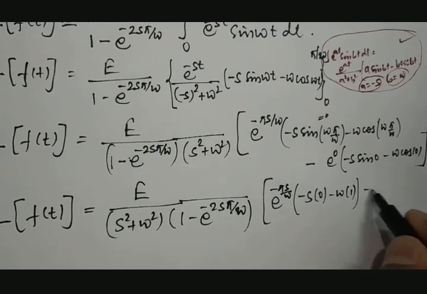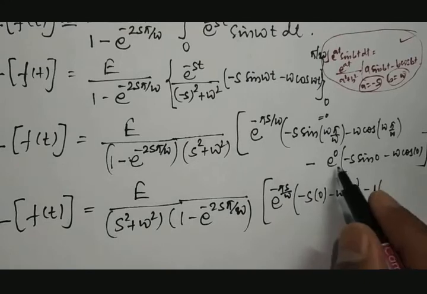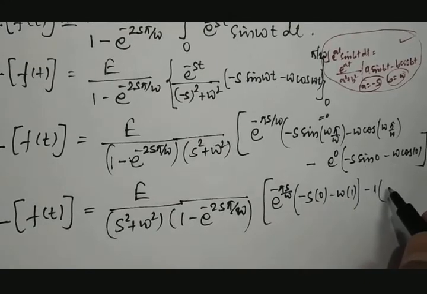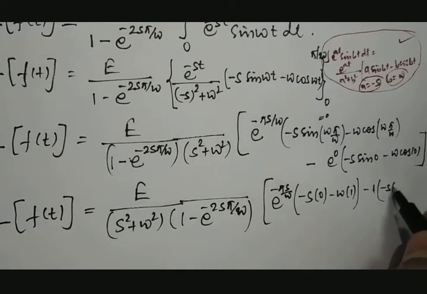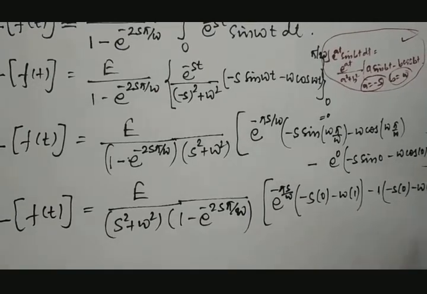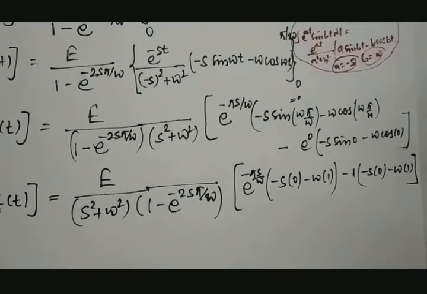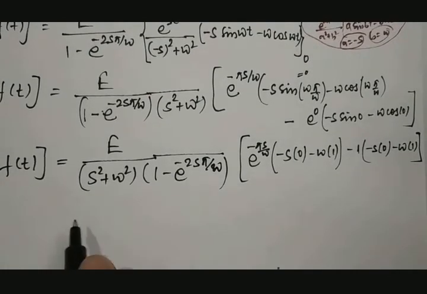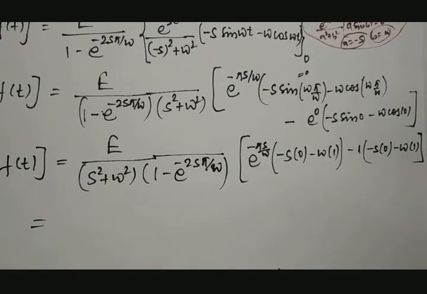Right. Minus 1 into, because e raised to 0 is 1, then sin 0 is 0. Okay. Minus s into 0, then minus omega into 1. Fine.